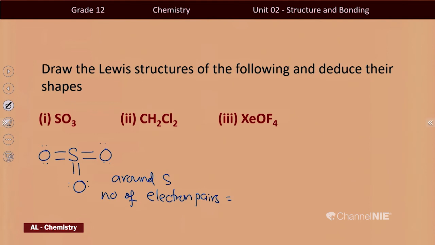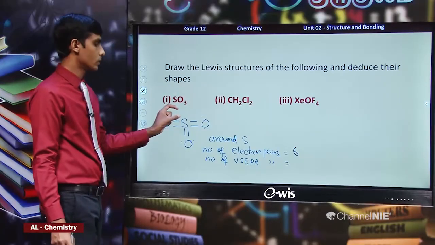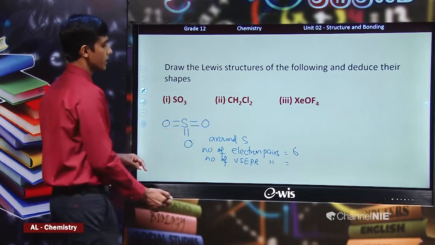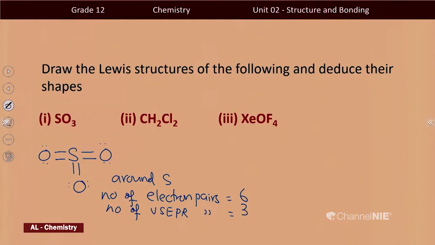Total number of electron pairs: 1, 2, 3, 4, 5, 6. Number of VSEPR pairs. VSEPR pairs means sigma bonding pairs and lone pairs. When you count the VSEPR pairs, double bonds are considered as one unit. So, 1, 2, 3: 3 VSEPR pairs, no lone pairs.